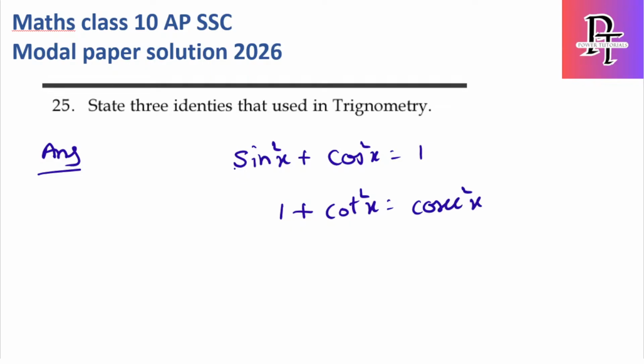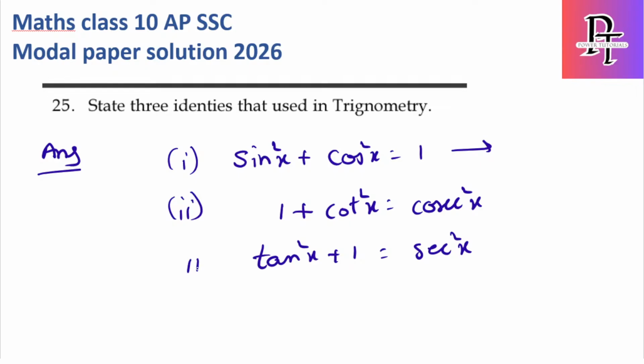The same first equation, if I divide by cos square, I will get tan square x plus 1 is equal to secant square x. So if you remember the first one, just divide it by sine square or cos square and you will get the others. Okay, these three are the three identities which we use in our trigonometry.